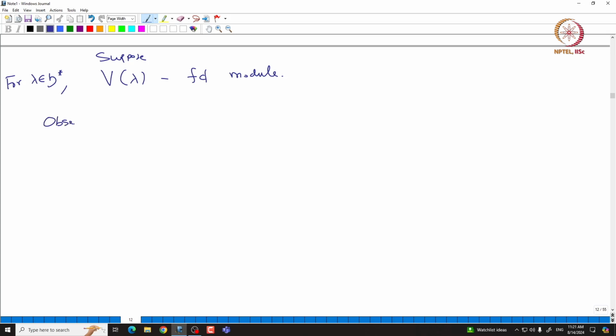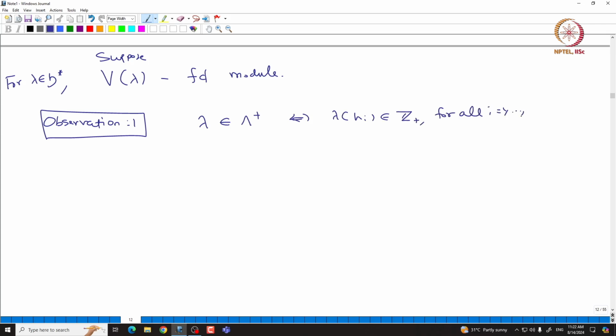So, observation 1: lambda must be dominant, which is the same as saying lambda of h i is in Z plus for all i from 1 to n. How do we prove this? The proof again follows from SL2 theory.